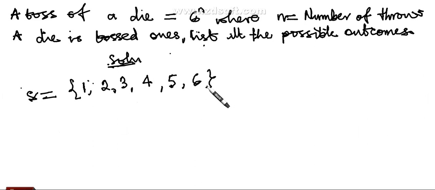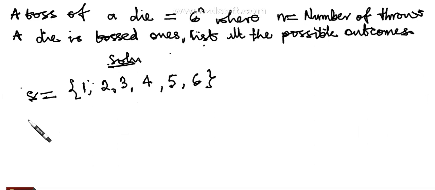Mind you, each and every one has a common chance of occurring. None has a greater chance than the other. In the throw of the die, any of these faces can show up.